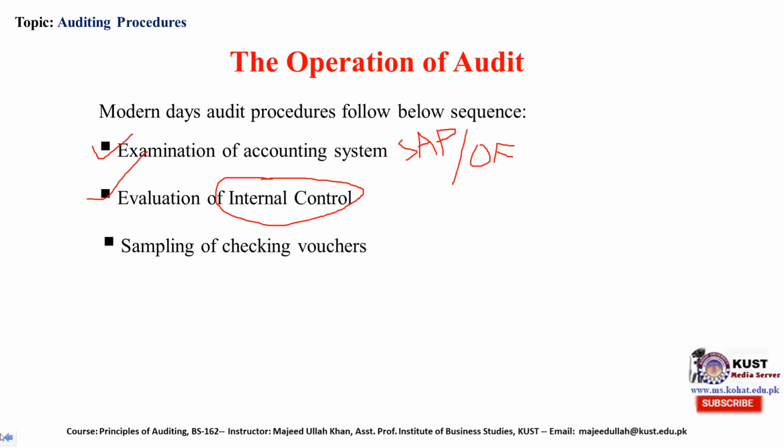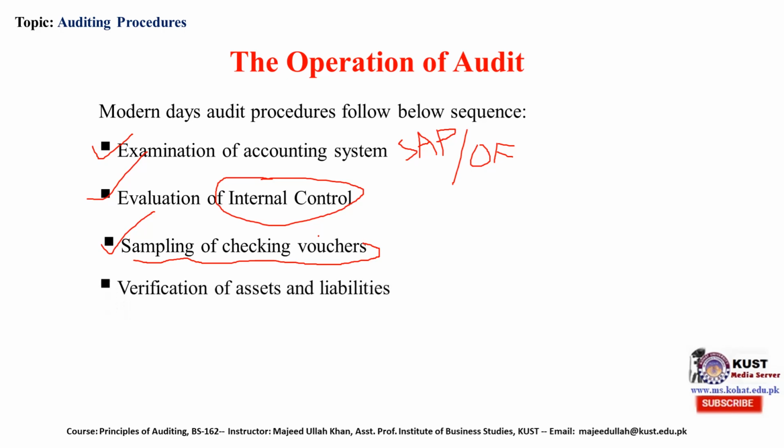The third part is that the auditor should check vouching on a sampling basis in order to form his opinion and see that proper internal control is being followed or not. If proper control is followed by the company, then the auditor will use less extensive procedures in the audit.